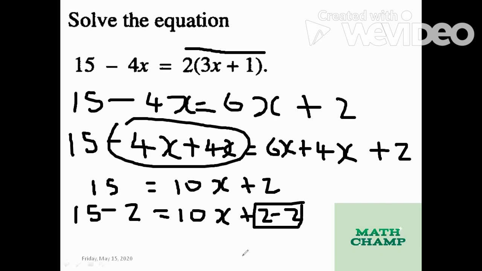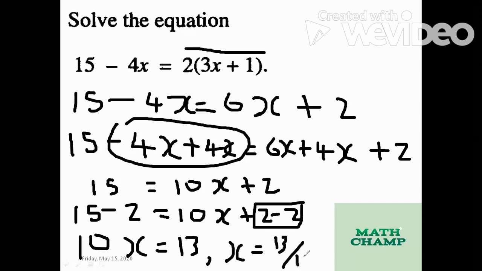So therefore, 10x is equal to 13. So x is actually 13 over 10, or you could say 1 and 3/10, or you could say 1.3. Any answer will work.